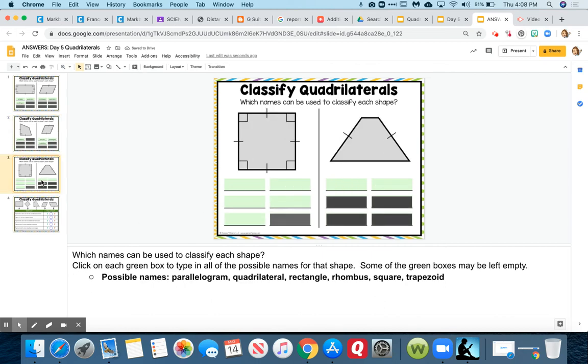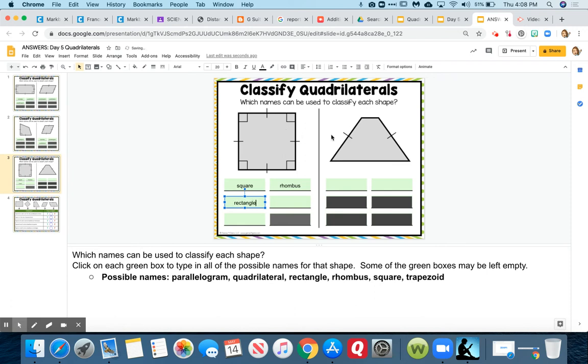Okay, last slide. So now here we go. We've got our 4 sides all equal, 4 right angles. So the most specific name for this is a square. But remember, if it's a square, it's also a rhombus, because a rhombus also has 4 equal sides and 2 sets of parallel sides. And the square not only is a rhombus, it's also a rectangle, because in order to be a rectangle, it needs 4 right angles, and this has 1, 2, 3, 4 right angles.